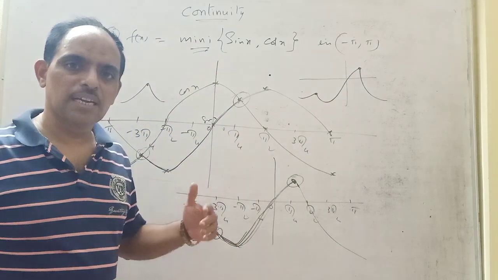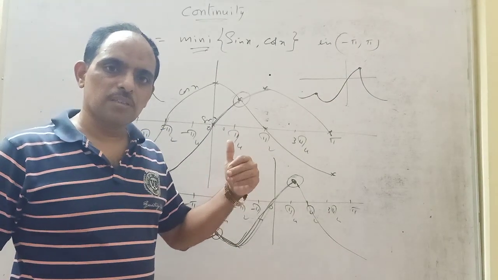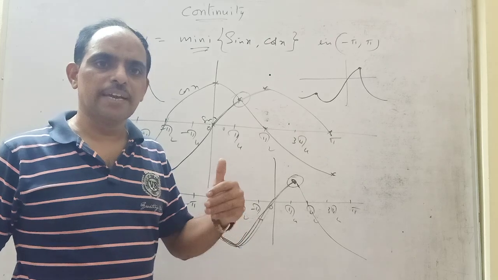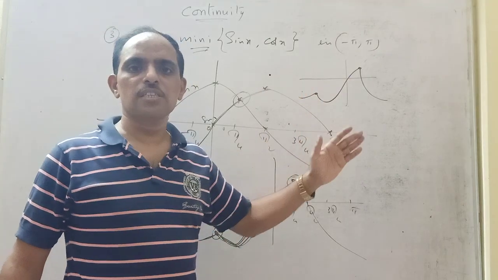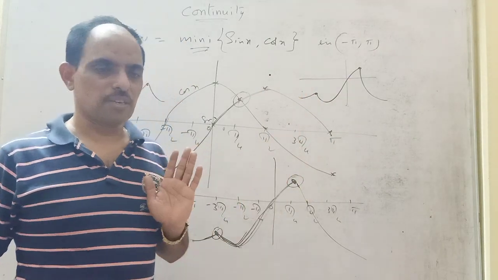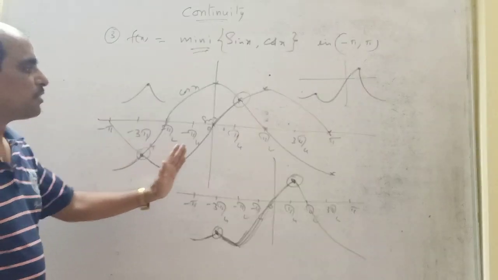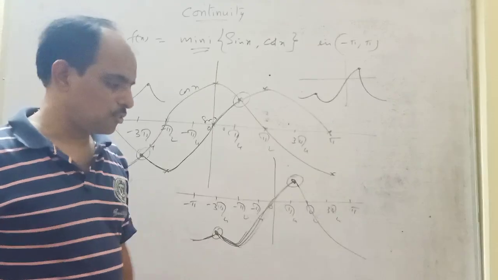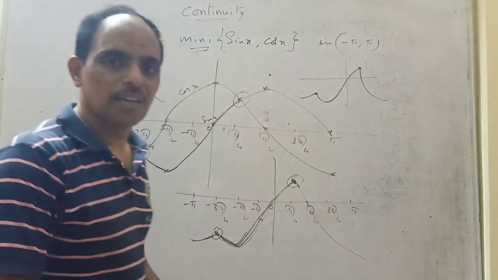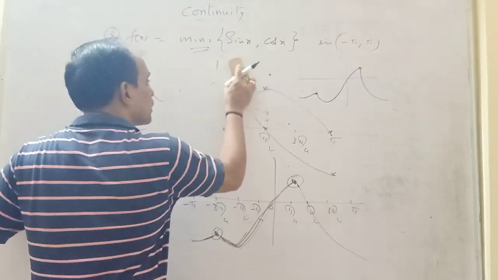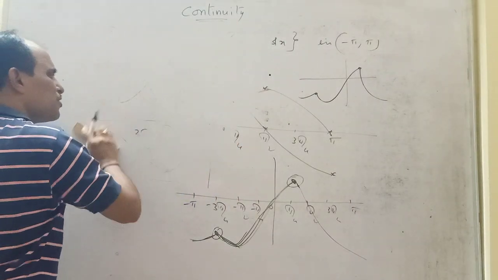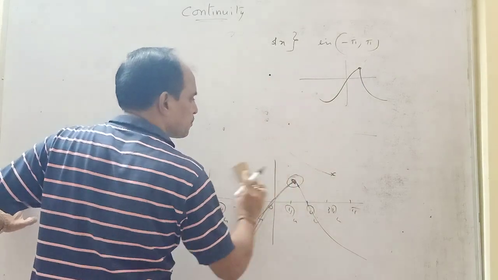At these 2 points, the graph takes a sharp edge. At those 2 points, the function is not differentiable. What about the points? Minus 3 pi by 4, and this point is pi by 4. At these 2 points, f of x is not differentiable, but the function is continuous. The graph will be continuous. Okay.